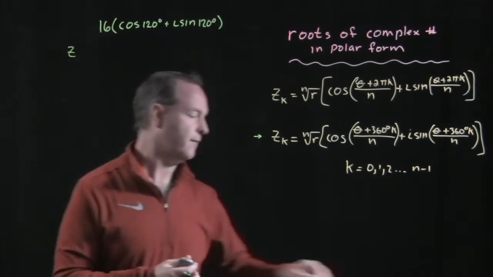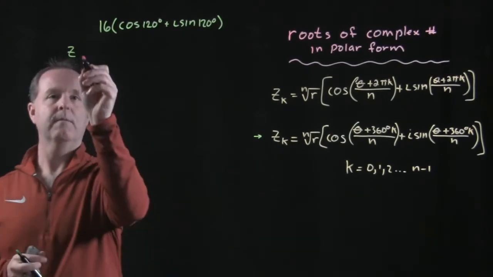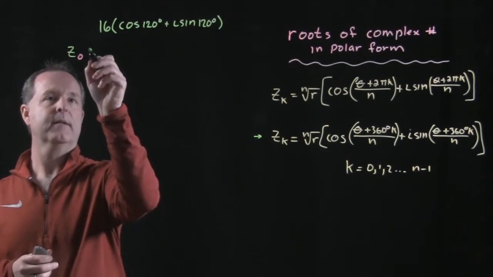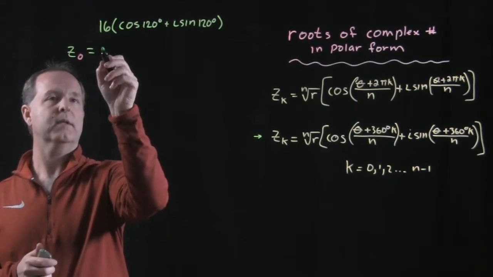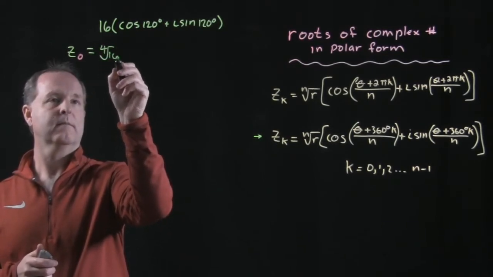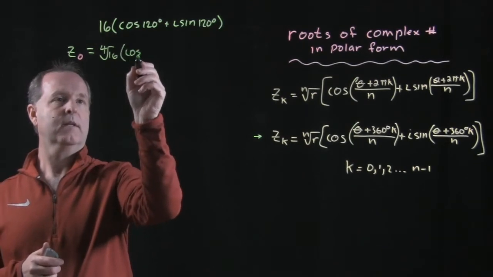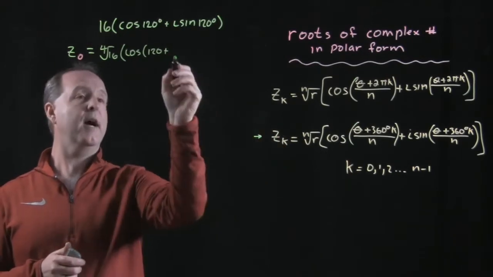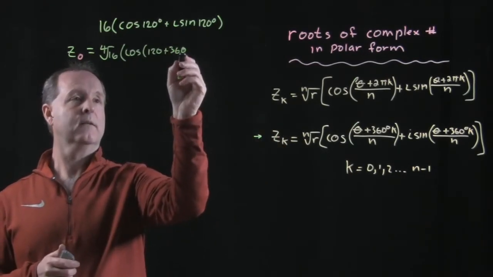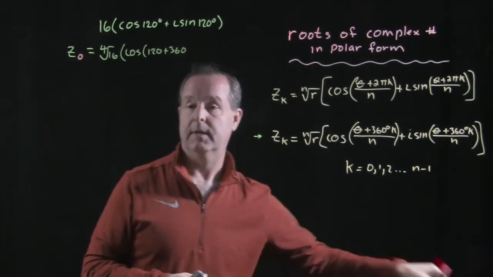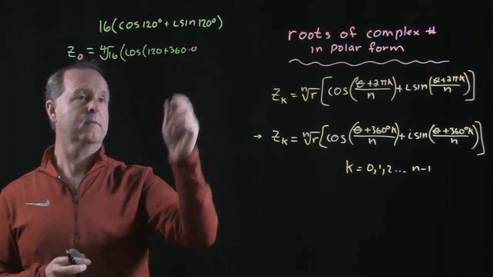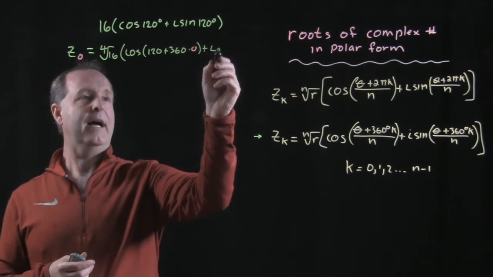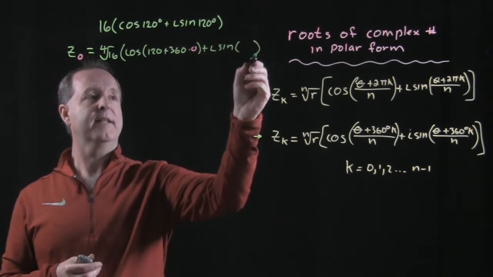So the first one I'm going to look for is z sub 0. That's where my k is 0 in this particular case. That's going to equal the fourth root of 16 times the cosine of 120 plus 360 times 0, plus i times sine of the same material.